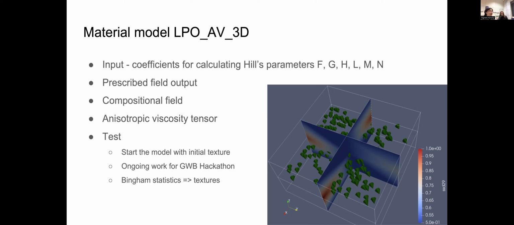And we are also going to implement textures on the particles in ASPECT, so that when new particles are added to the mesh, they don't start with a random texture, rather the textures on the new particles can be interpolated from nearby particles that already exist in the mesh. And that's where we are on implementing anisotropic viscosity into ASPECT now.